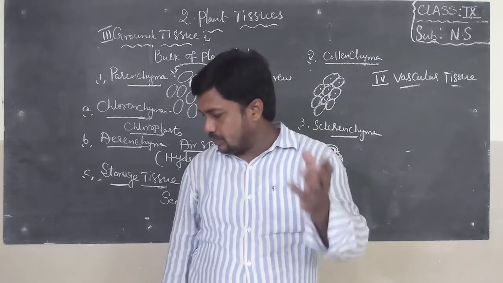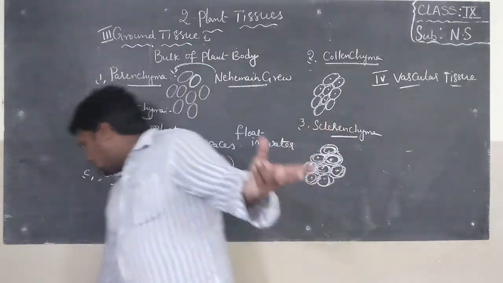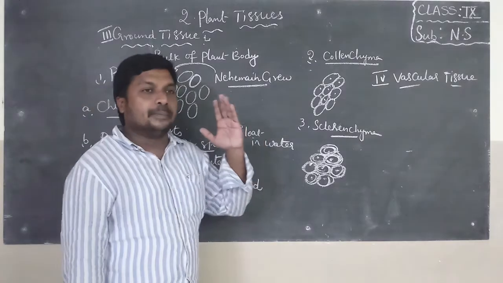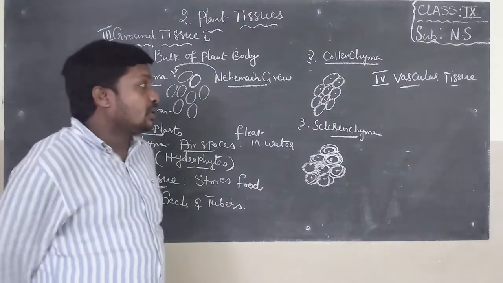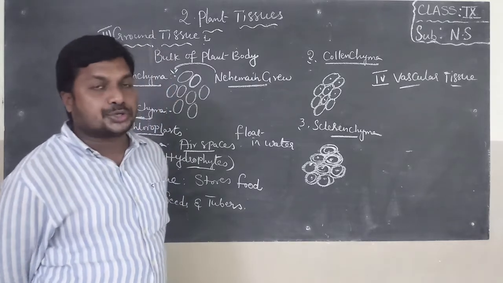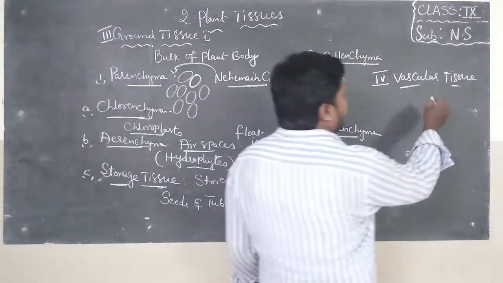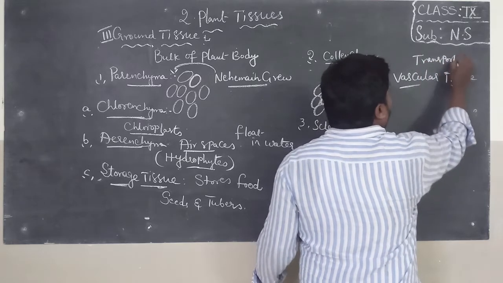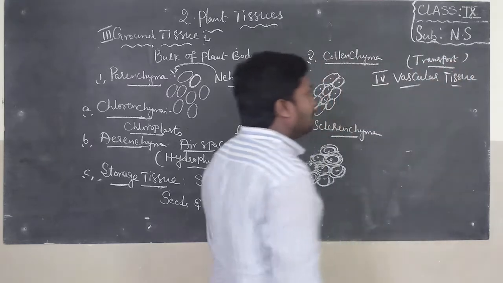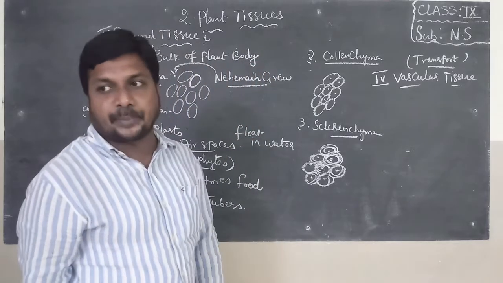They are: first one is meristematic tissue, next one is dermal tissue, third one is ground tissue. Vascular tissue, the tissue which is helpful for transport, is known as vascular tissue. This is the fourth type of tissue.